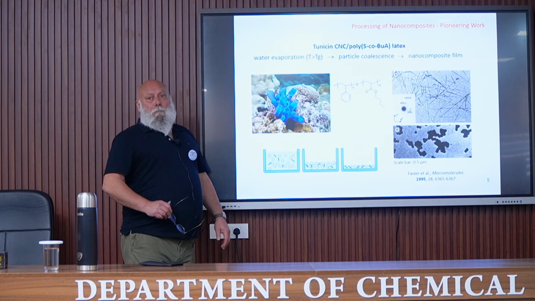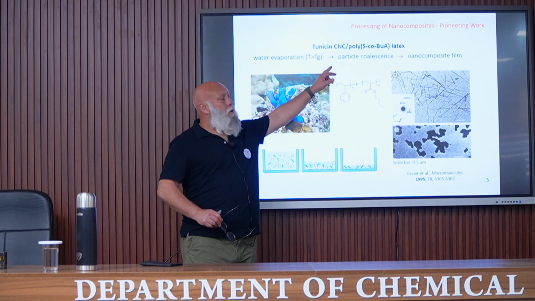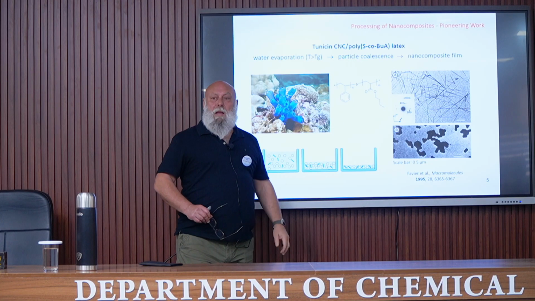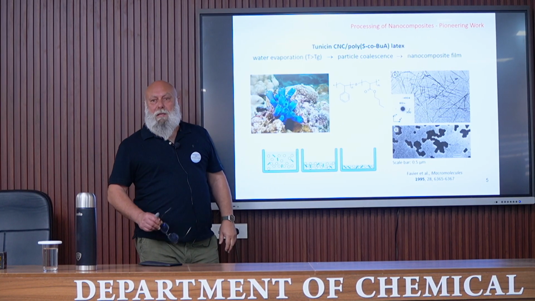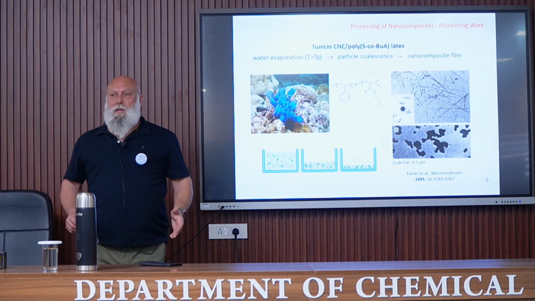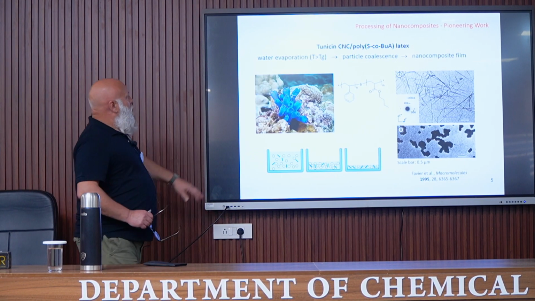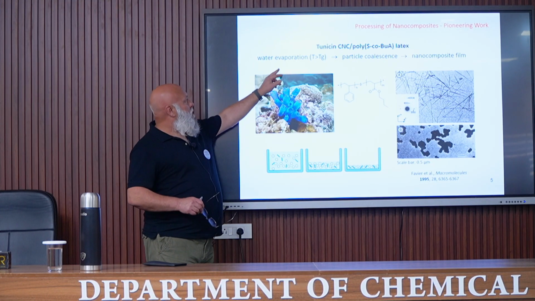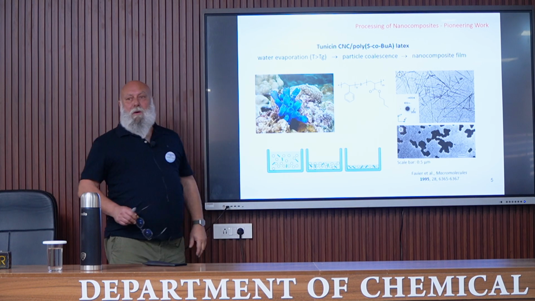And the polymer matrix was a copolymer of styrene and butyl acrylate in the form of a latex, so an aqueous dispersion. So the processing was very simple, it just consists in mixing the two aqueous dispersions, then water was evaporated.